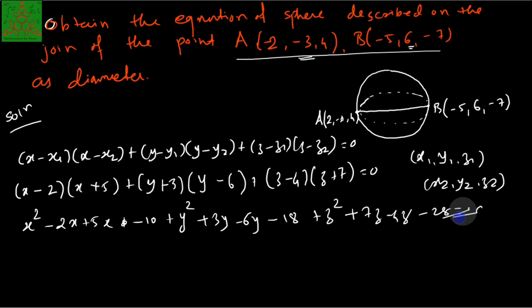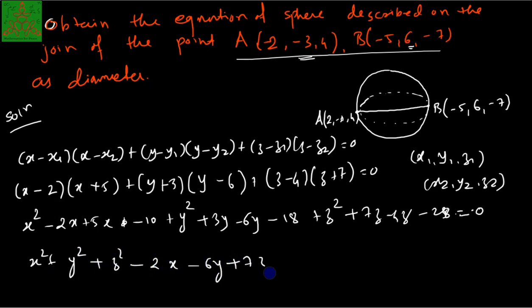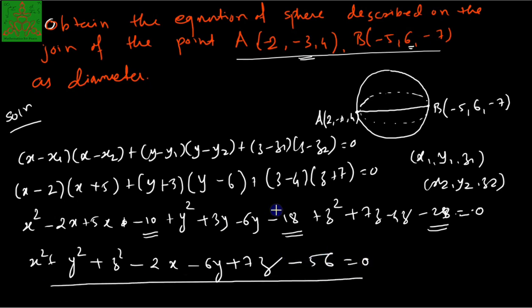Further simplifying, that will give you x square plus y square plus z square plus 3x minus 3y plus 3z, and the constant term is minus 10 minus 18 minus 28, which is minus 56. So that gives you minus 56 equal to 0. This is the required equation of the sphere, having the extreme points of the diameter as A and B.